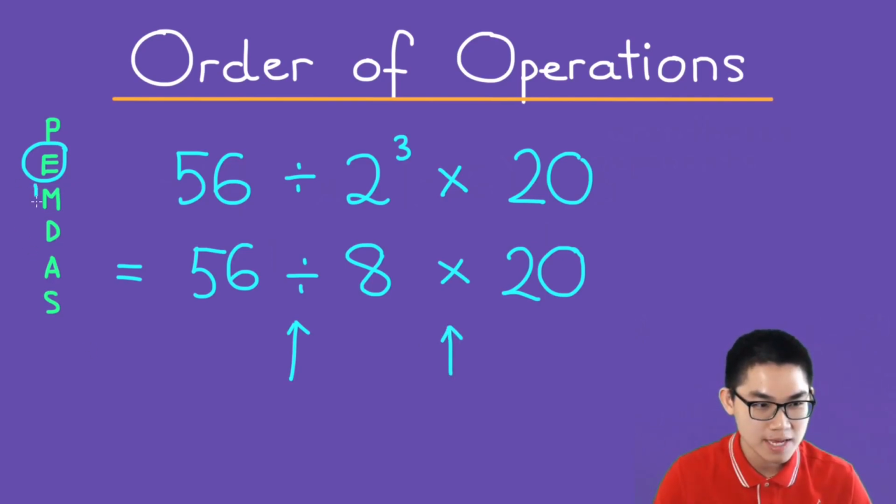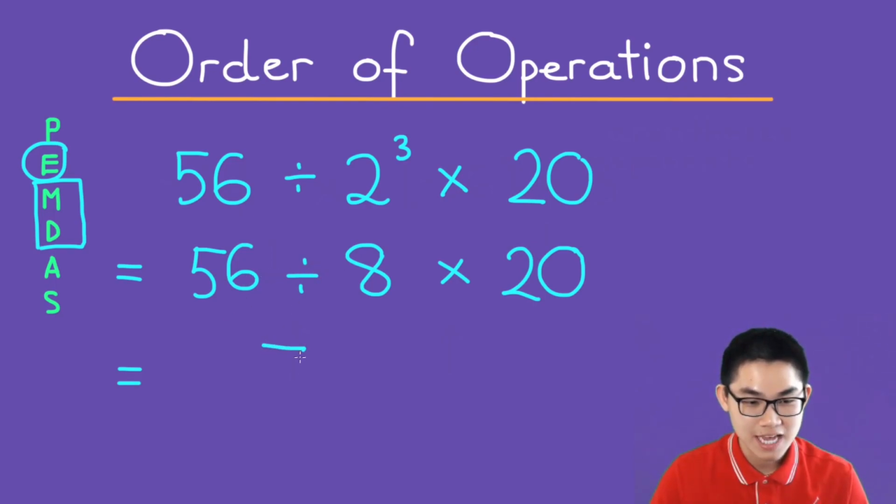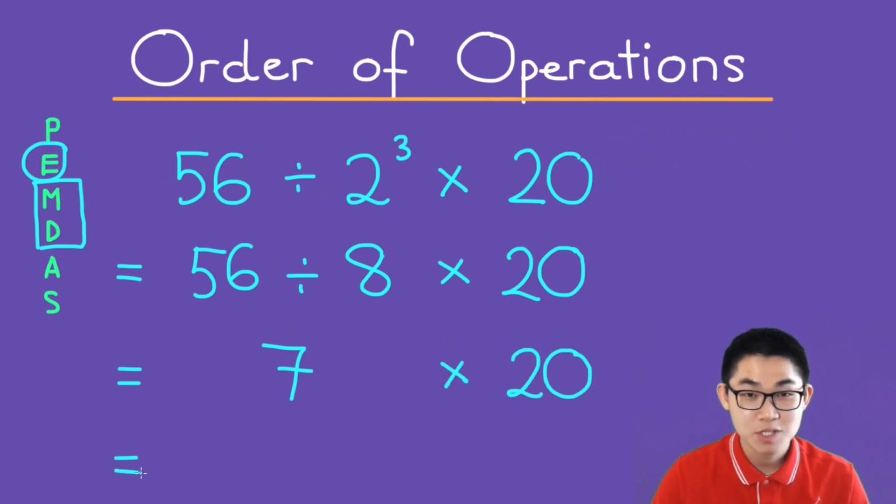So this is going to be a square. And this means we do from the left to the right. So 56 divided by 8 is going to give you 7. And 7 times 20 is 140.